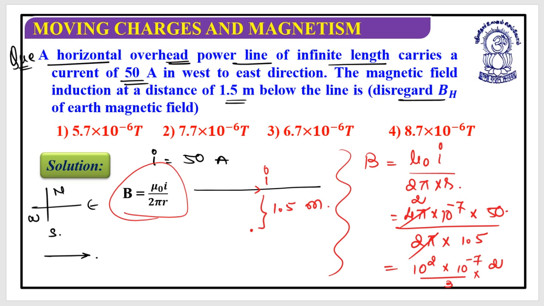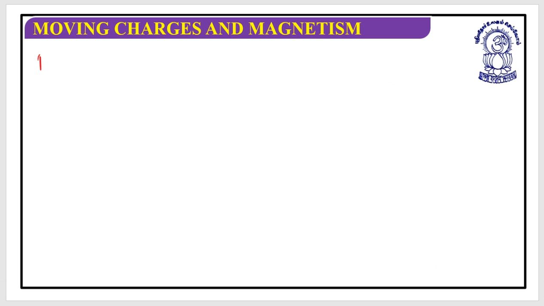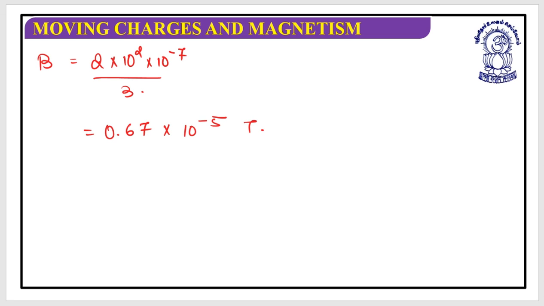I hope this is clear. So this is 10 to the power 2, this is 10 to the power minus 7. So magnetic field would be equal to 2 into 10 to the power 2 into 10 to the power minus 7 divided by 3, which is 2 by 3, approximately 0.67 multiplied by 10 to the power minus 5 Tesla.